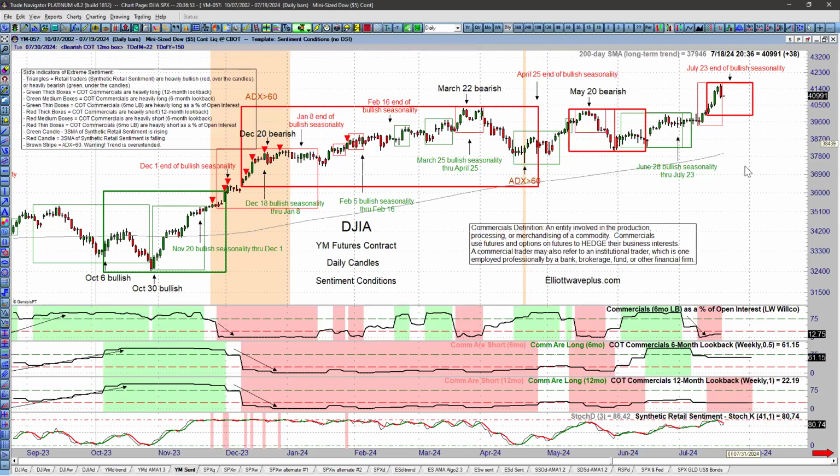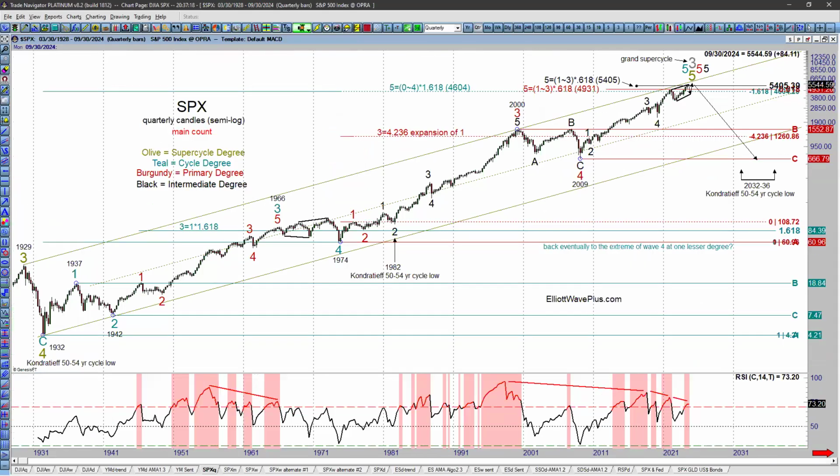So if you want to think of that as 80% of the time during these particular calendar days, the market goes up. I find it to be worth considering, and that's why I put it on the sentiment conditions charts on virtually every futures contract.